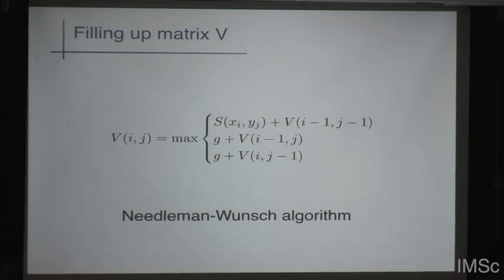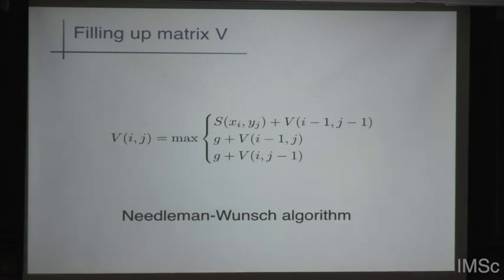Alternatively, you are aligning the jth letter with a gap, in which case you go up in the cell. You take the cell from the top. Or you take the third option where you're aligning the other letter with a gap.